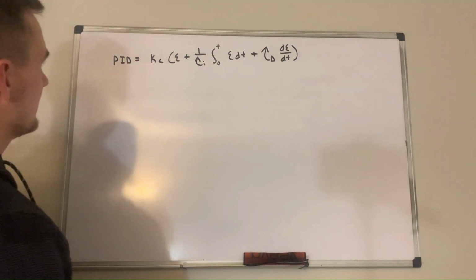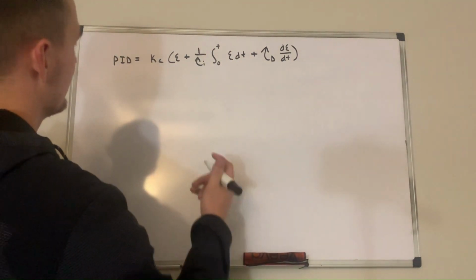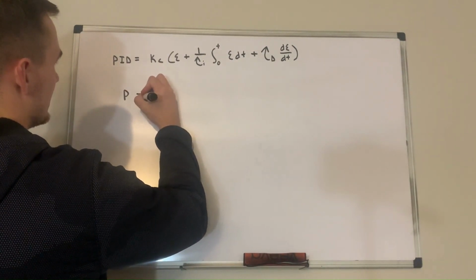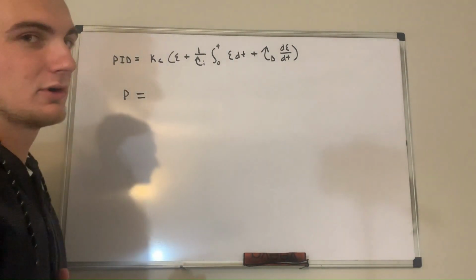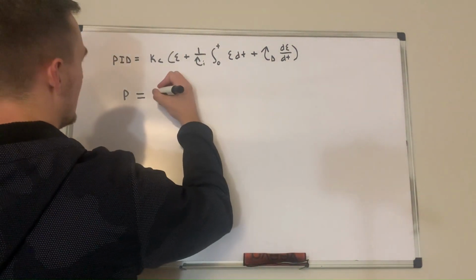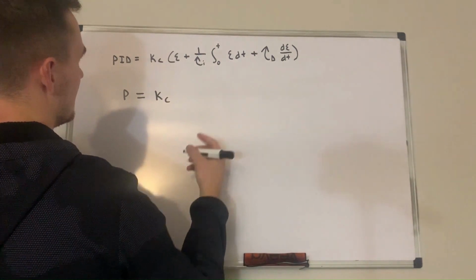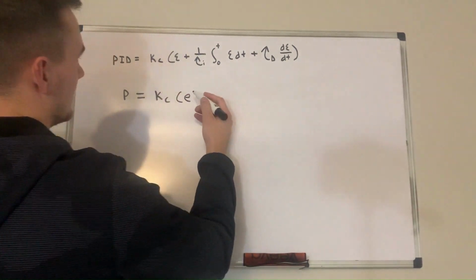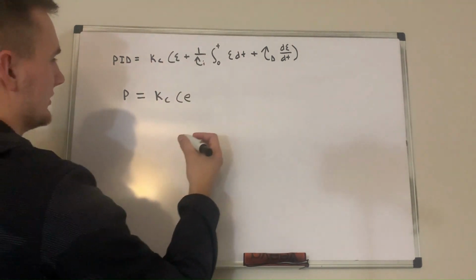If we go ahead and do the Laplace transform, I'm just going to call the output of our PID controller P. We'll have K_C, and then doing the Laplace transform, we'll have our error. I'm going to write our error as E instead of epsilon, just easier for me to write.